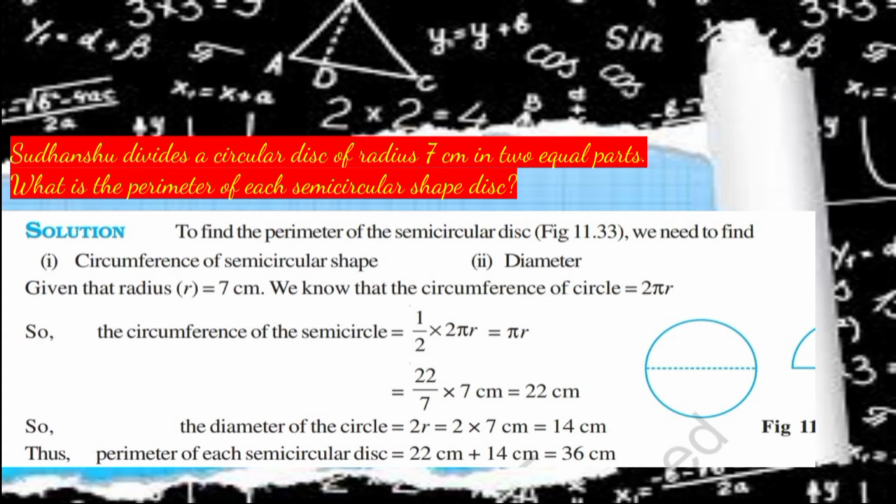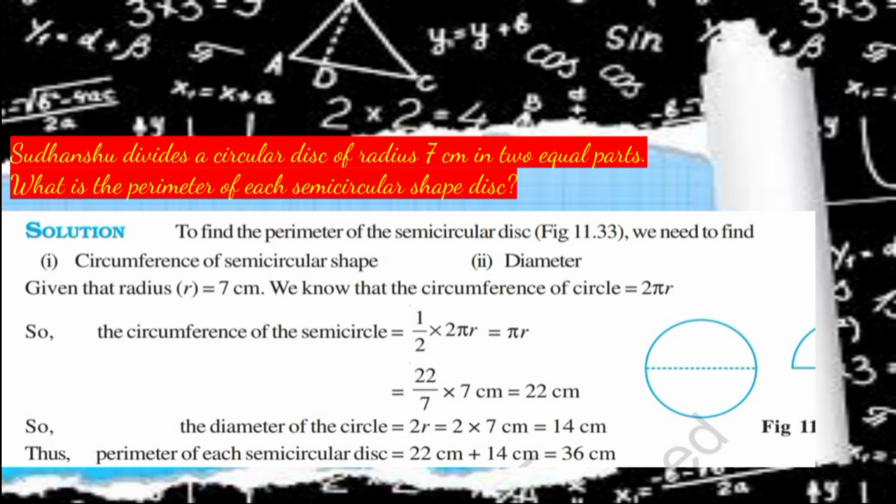As we know, the formula is 2 pi r. The circumference of half CD will be half into 2 pi r. 2 will cut and we will be left with pi r. So pi r is equal to 22 by 7 into 7 cm. 7 will cut, so that will be 22 cm. Till now we have found only the length of the half curved part.